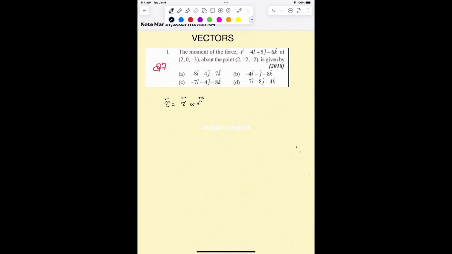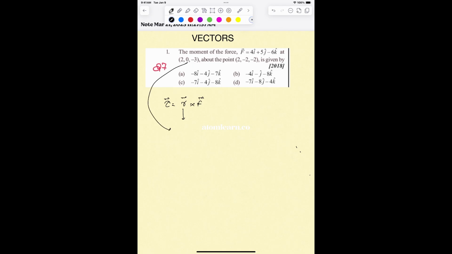What is R? R is the position vector of the point at which the force is applied, relative to the origin, which is the point about which we take the moment. Now in this case, what is the point at which the force is applied? This point.